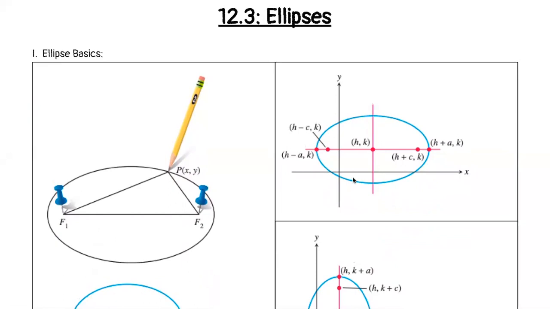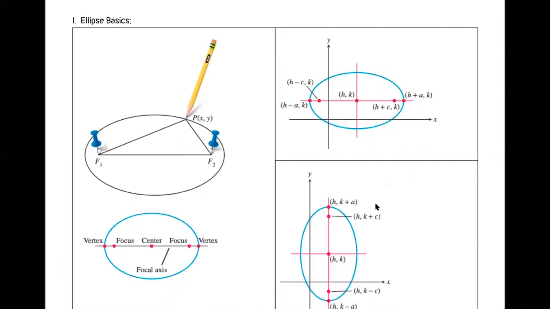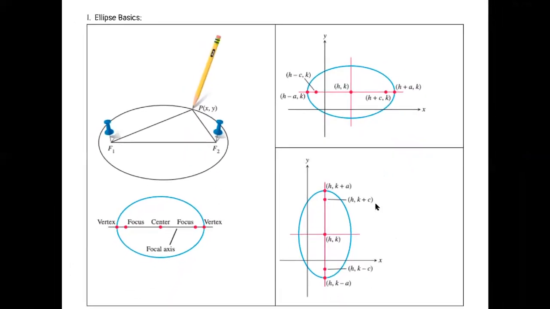All right. So 12.3, ellipses, all right? So let's see how far we get today, and we'll kind of go from there. So ellipse basics. When you have an ellipse, there are a few important features about it other than it looks like an oval. You have a center like we had before, and our center is kind of like the vertex from the parabola.